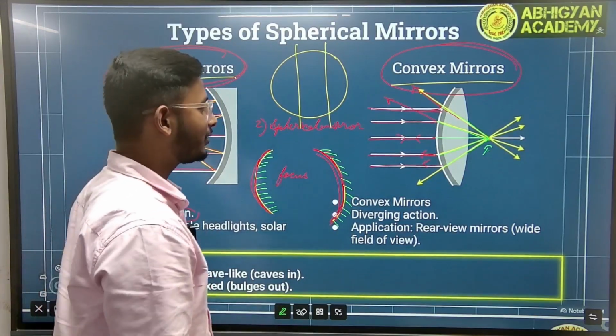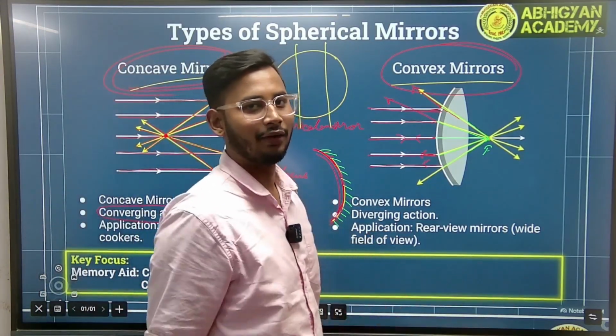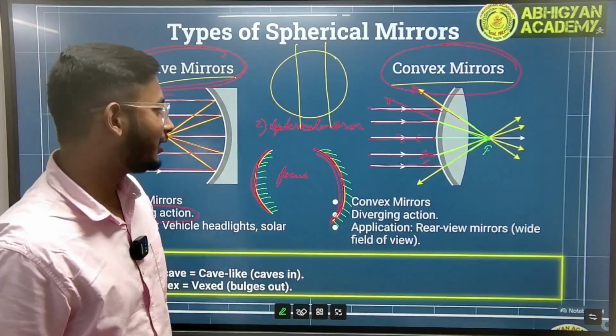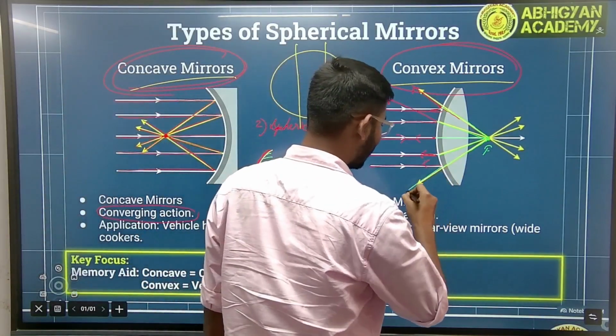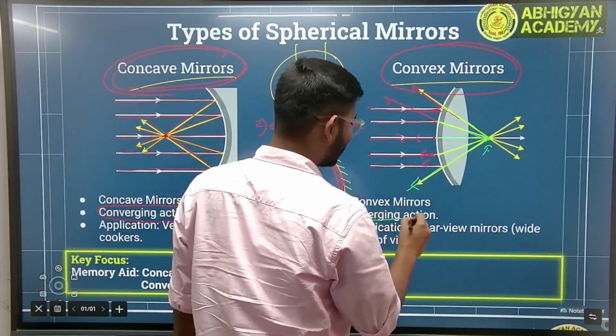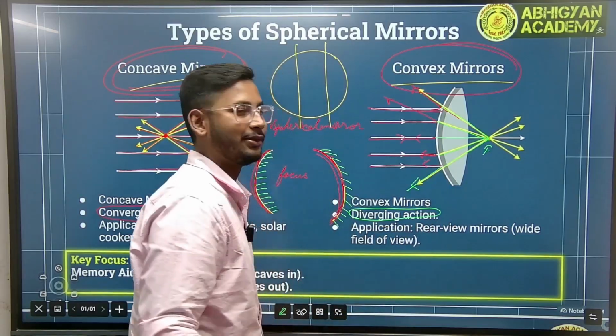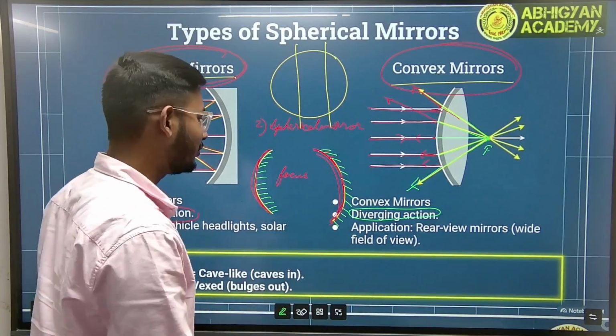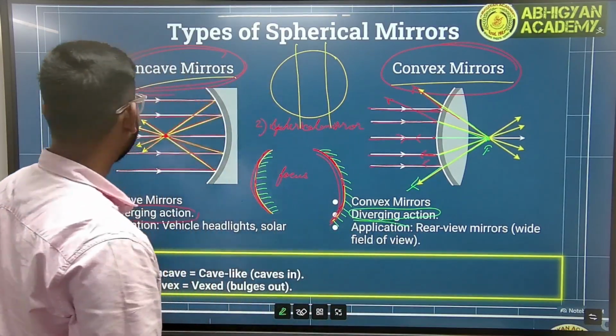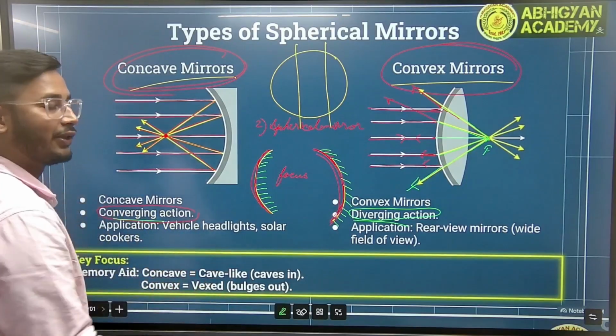Since the rays diverge, we call the convex mirror a diverging mirror. So it shows diverging action, and the concave mirror shows converging action.